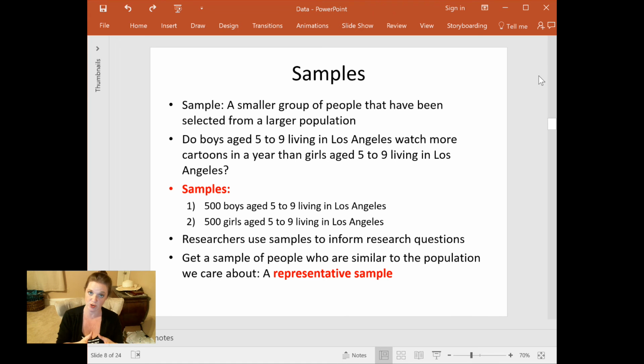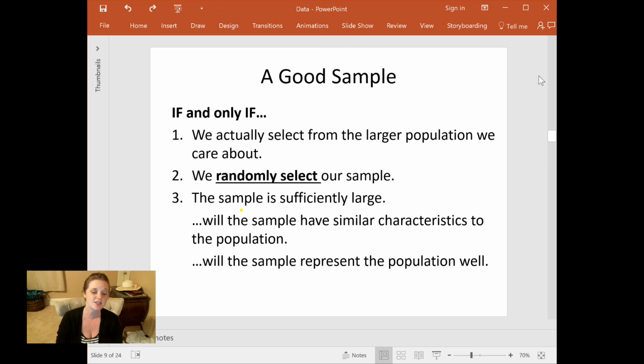Those 1,000 children can represent all 633,000 if we engage in good, careful sampling procedures. Now, it's outside of the purview of this class to go through all of the different mechanisms that you really should use if you want to have a really good sample. But we are going to go over the basics of what makes a really good sample.